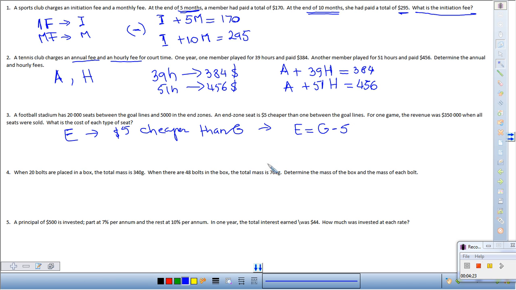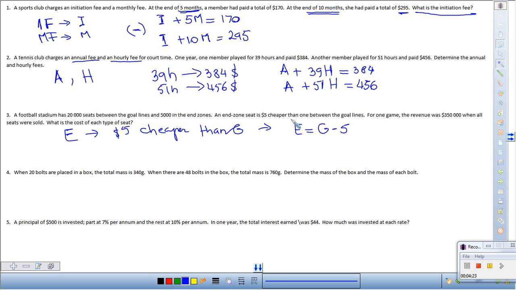For one game, the revenue was $350,000 when all the seats were sold. So if I sell all the seats, I will earn $350,000. Now, how many seats are there? There are 20,000 seats between the goal lines and 5,000 seats in the end zone.